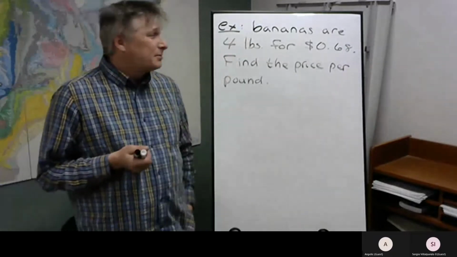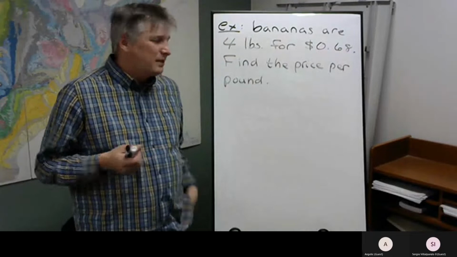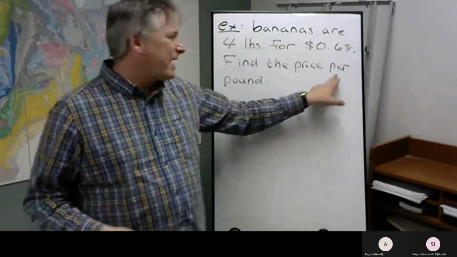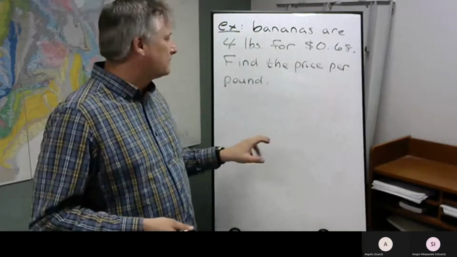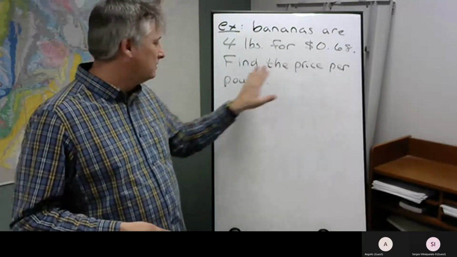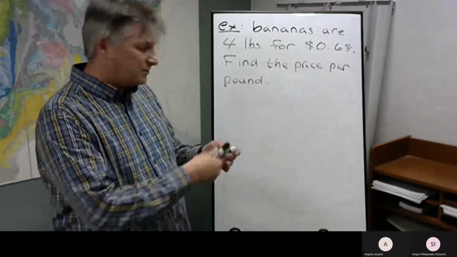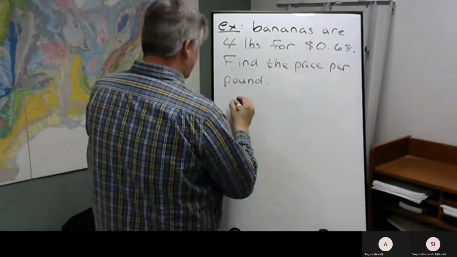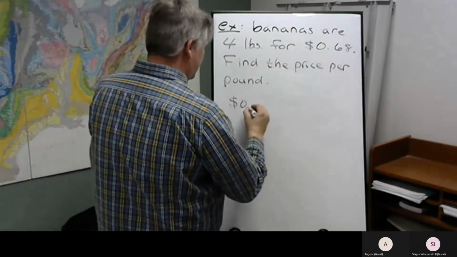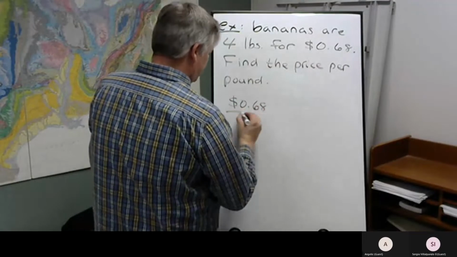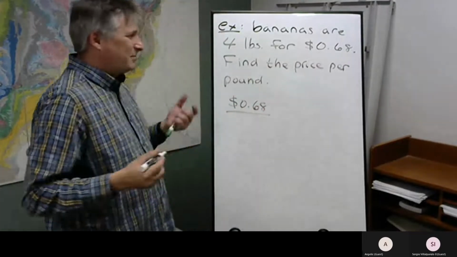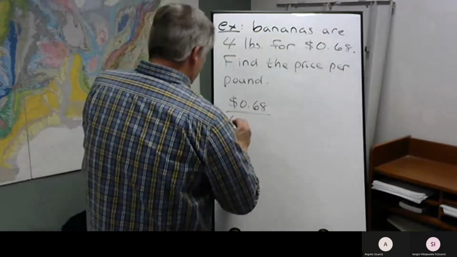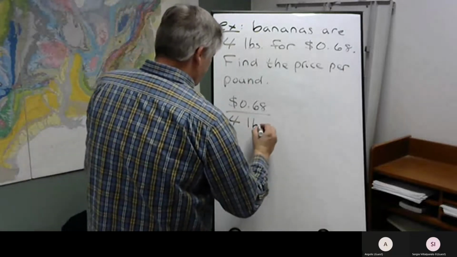Find the price per pound. So they kind of give us a clue. Price per pound. That per kind of acts like the fraction bar. So this is going to be on top. This is going to be on bottom. So let's start out with what we know. We do have a price. It's 68 cents. And we don't have per pound, we have 4 pounds. That's the best we can do.